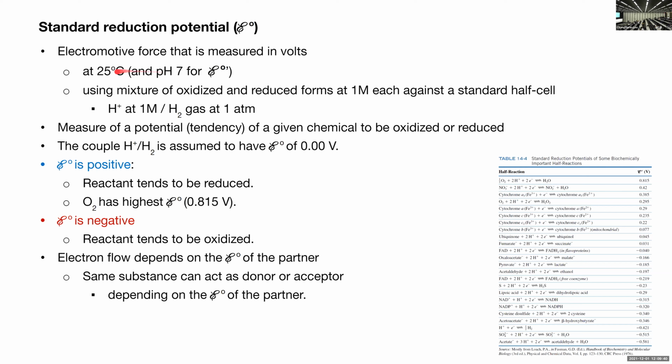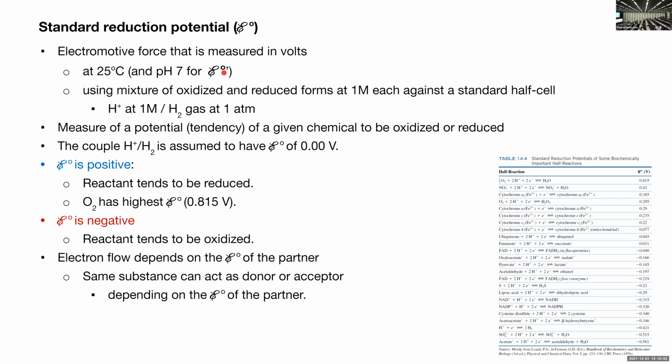But if the reactant is at pH 7, then it's going to be called the biochemical standard reduction potential, because now we're using the biochemical standard state instead of just a chemical standard state, right? And it's written as this E naught prime.